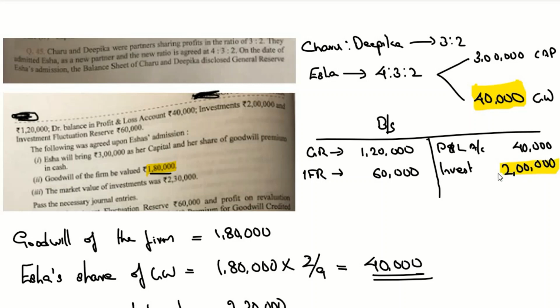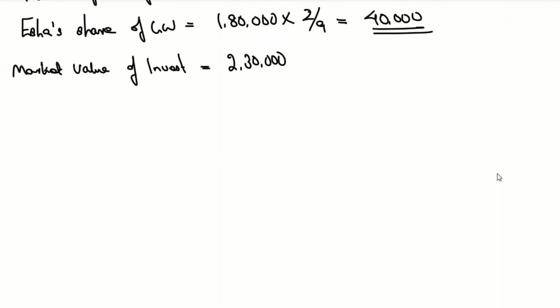Now the market value is higher than the book value, so investment value will increase. So what is the profit that we got from this? Okay, let's say the profit on this is basically market value, which is 2,30,000, minus the book value, which is 2 lakhs. That is equal to 30,000.